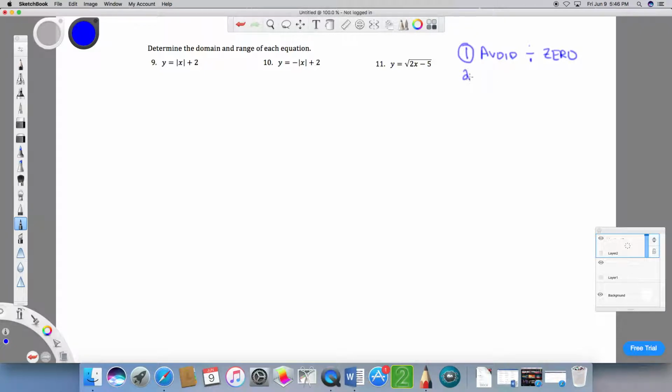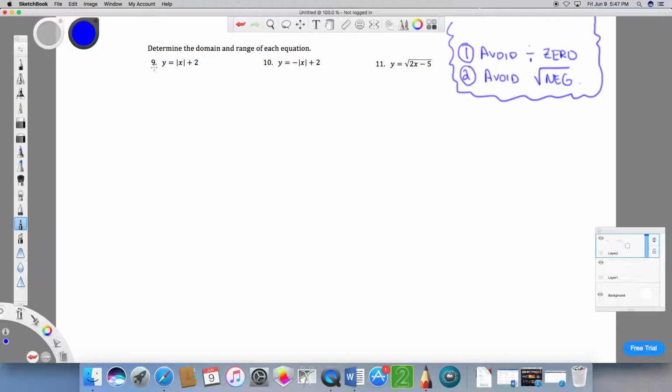And second, we have to avoid taking the square root or any even root of a negative number. And we're going to be saying that over and over and over again pretty much throughout the year.